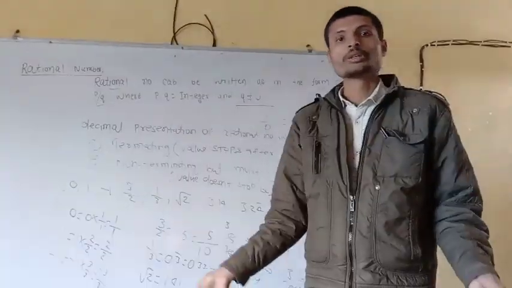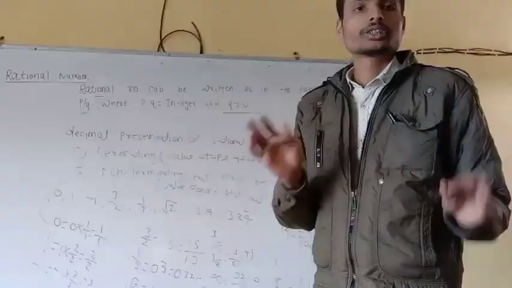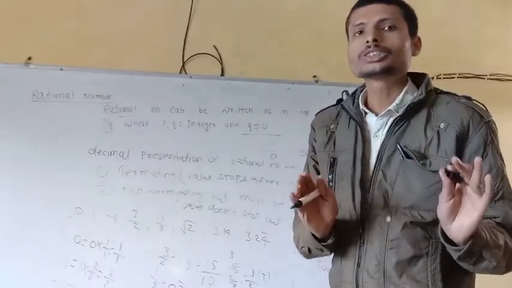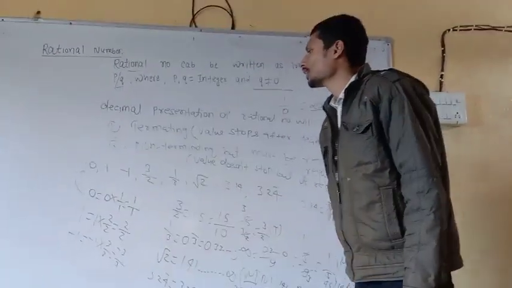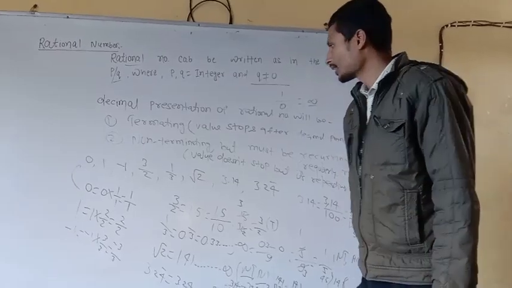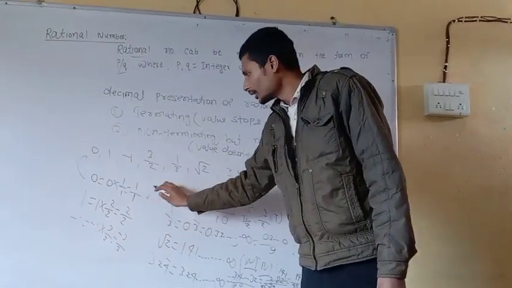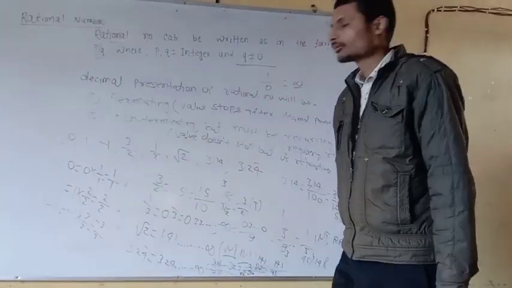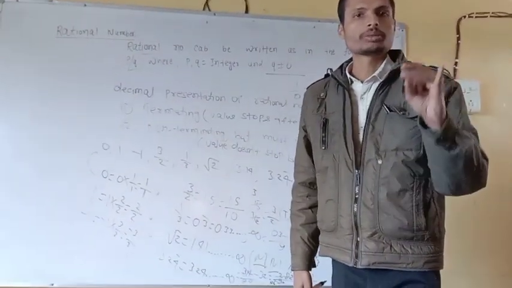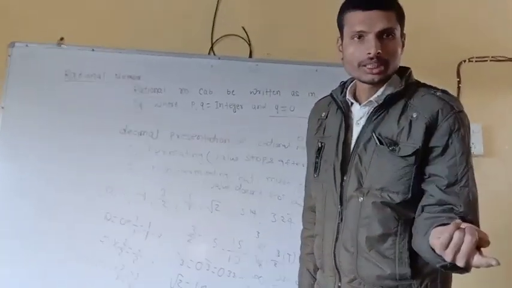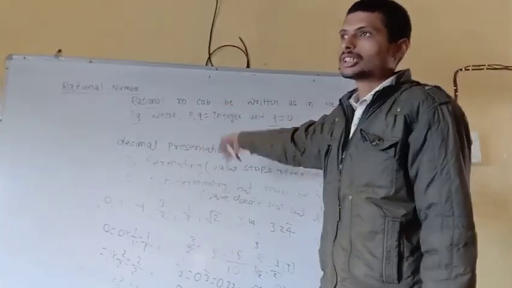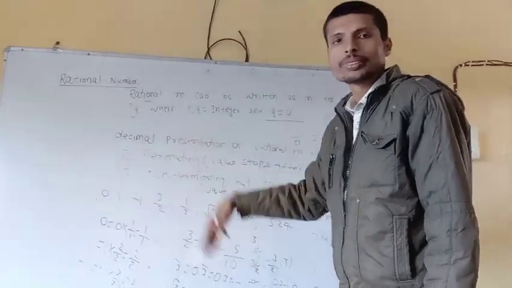But after the decimal point, there are some special digits which keep repeating over here. These types of numbers can be written in the form of p by q. So if the decimal expansion is terminating, or if it is not terminating but regularly repeating, all these types of numbers can be written in the form of p by q.